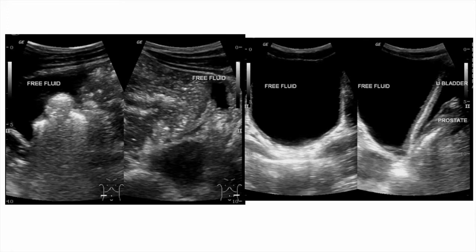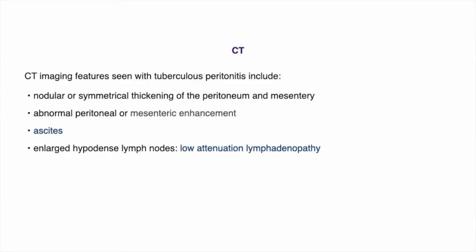Eventually, depending on where you are, you can also request a CT scan. The CT scan will show something similar, but in this case we want to see the pathology in more detail. We are going to see nodular or symmetrical thickening of the peritoneum and mesentery, abnormal peritoneal or mesenteric enhancement, ascites, and enlarged hypodense lymph nodes.